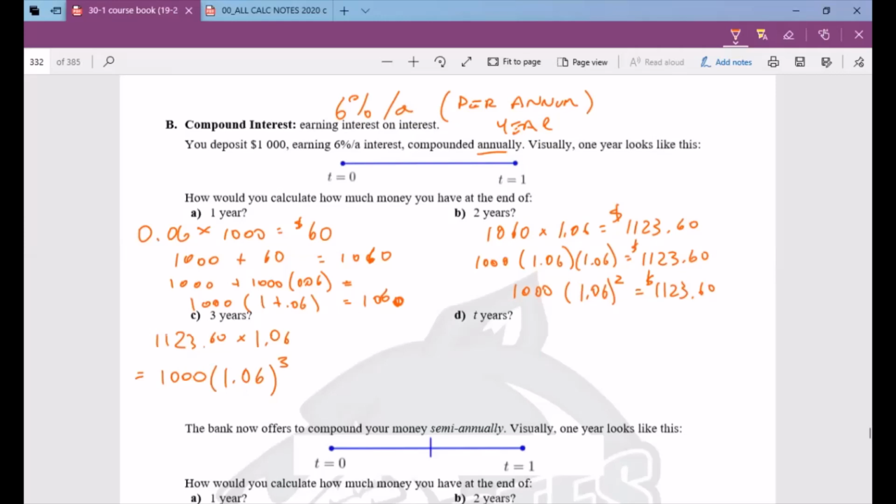It's going to count how many years of growth we've had. And our B value ends up being that initial amount plus your 6% interest, so 1.06 as our multiplier. And we end up with, after 3 years, 1191.02.